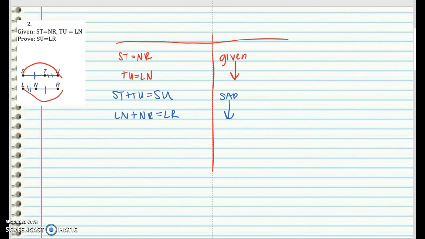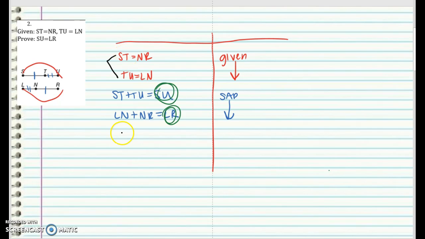Now I've gotten everything I could from the picture. Now I really just have to focus on making SU and LR be equal to the same thing. There are a lot of different options that you can do. I'm going to look at my givens, and I'm going to try to combine those givens together. Remember that the addition property says that you can add parts that are equal.